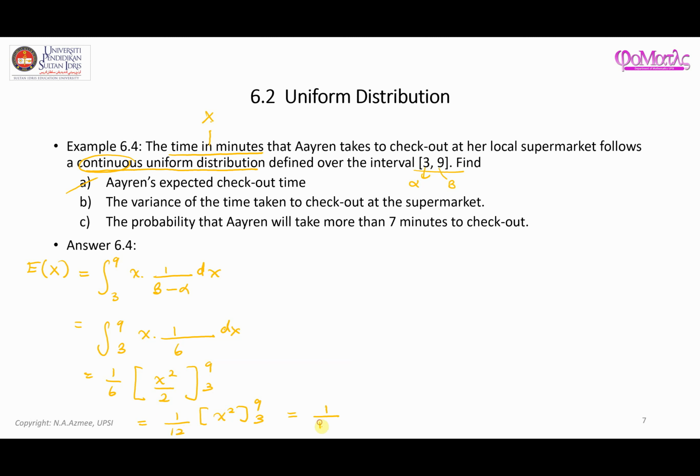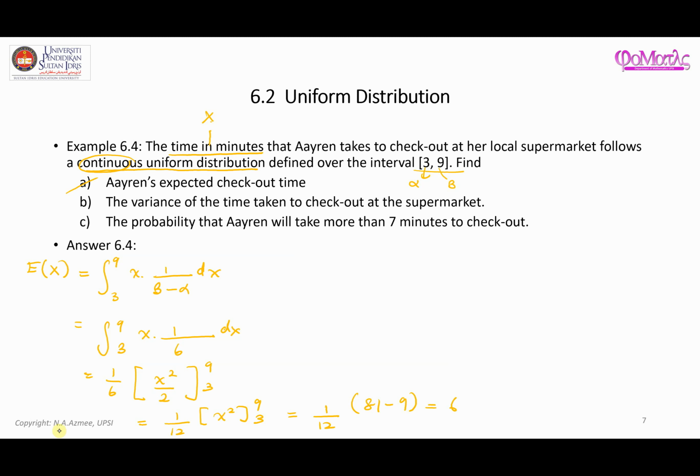Next you will get 1 over 12, 81 minus 9, so 72 over 12 is 6.